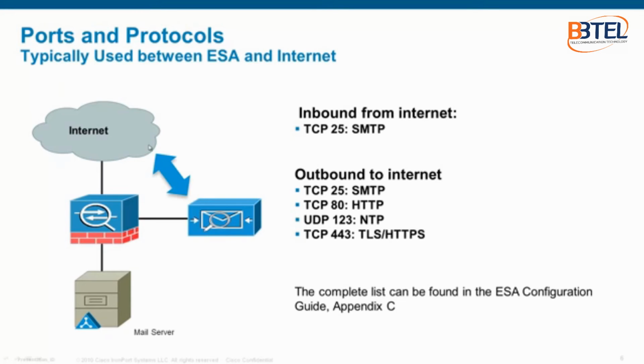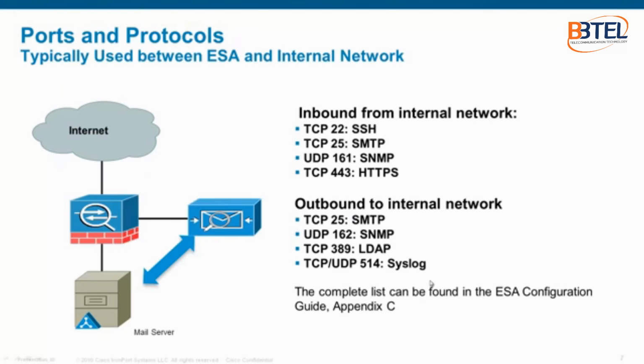Port 80 needs to be open to gather updates from updates.ironport.com or SenderBase and so forth. For outbound, UDP on port 123 and TCP 443. So our updates from Cisco are going to come through 443 and port 80. More of this is available in Appendix C in the ESA configuration guide.